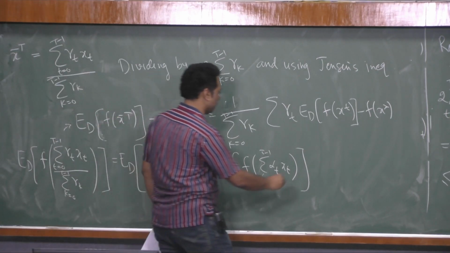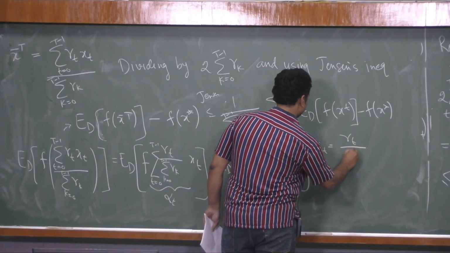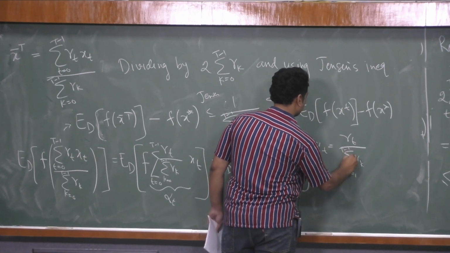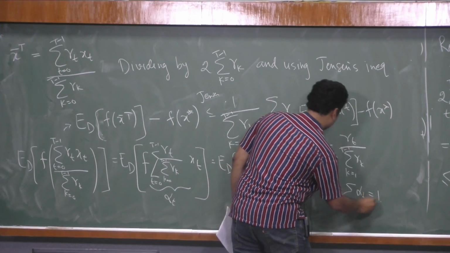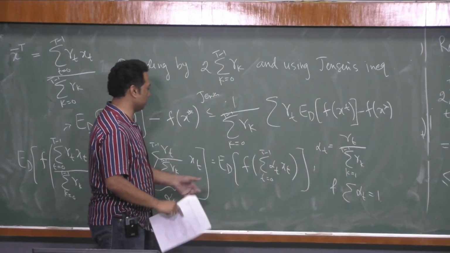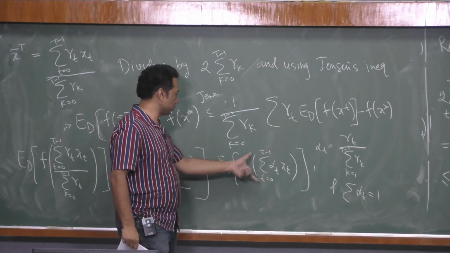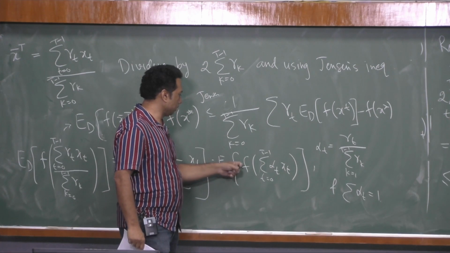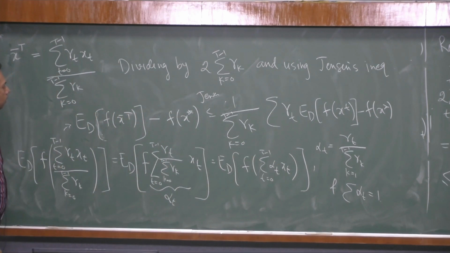So where alpha t is gamma t divided by sum of gamma k, k equal 1 to t minus 1, and sum of alpha t is 1. So hence this is a convex combination. So Jensen's inequality says that this is less than equal to the sum of alpha t f of x t.